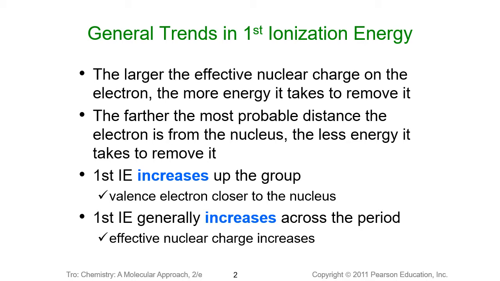And so our general trend for our first ionization energy, it increases as we go up and to the right on the periodic table. This opposes the size of our atomic radius.